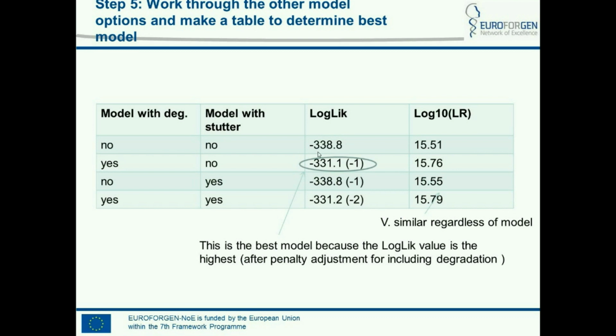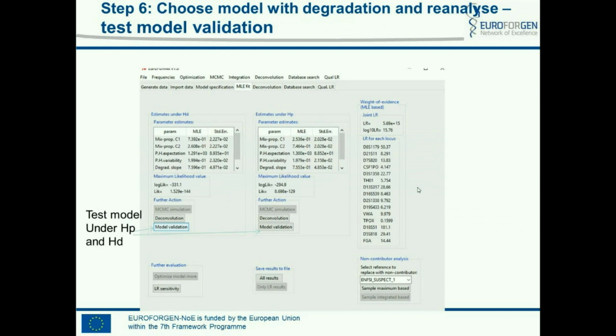And if we recalculate these figures, we still find that the best model is with degradation but without stutter, because that gives us the largest value. It's minus 331.1. So this is the model that we will choose to use. But notice that the likelihood ratio itself changes very, very little regardless of the model which we use.